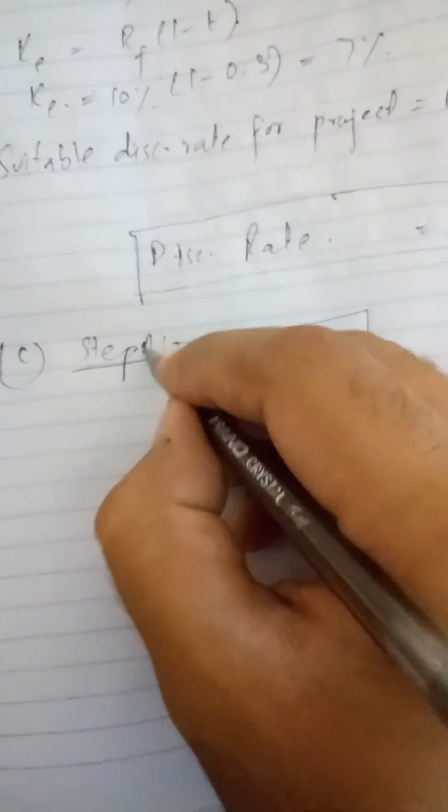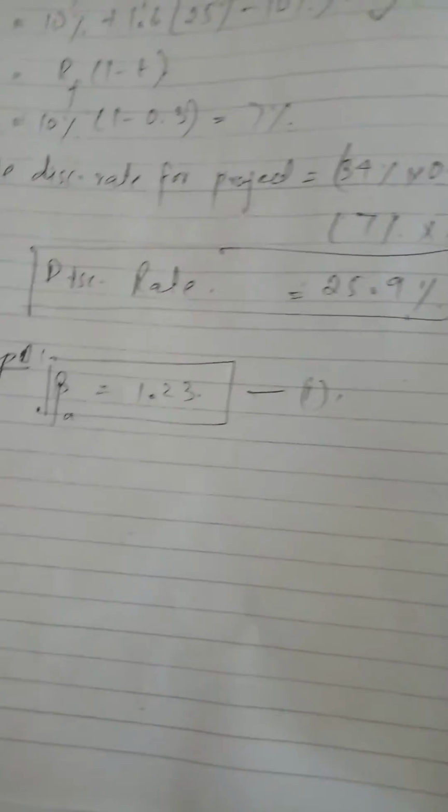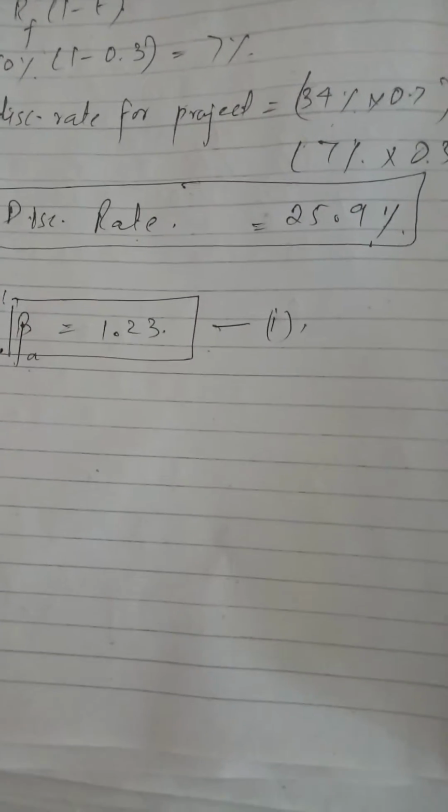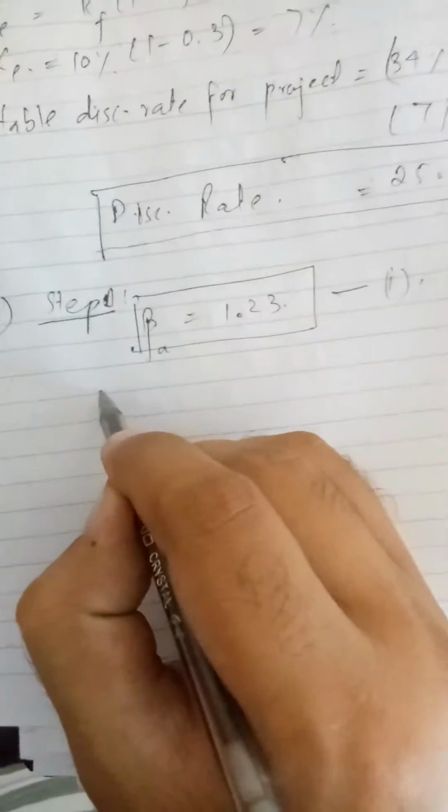Step 1, we calculated the beta asset, and now we have to work it out to find the beta equity. How are we going to find it?